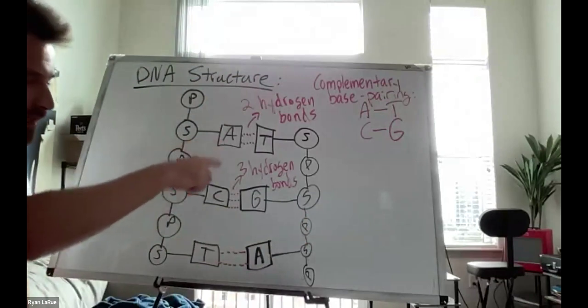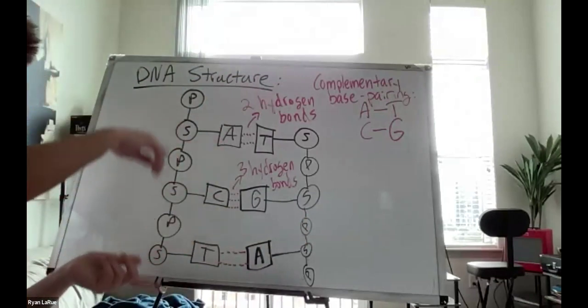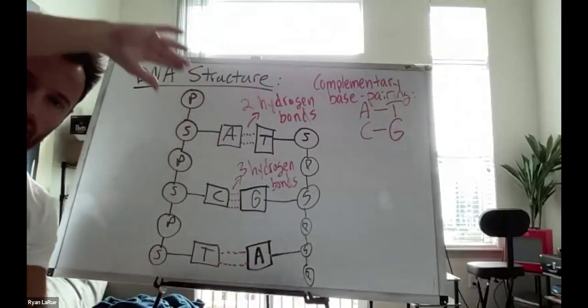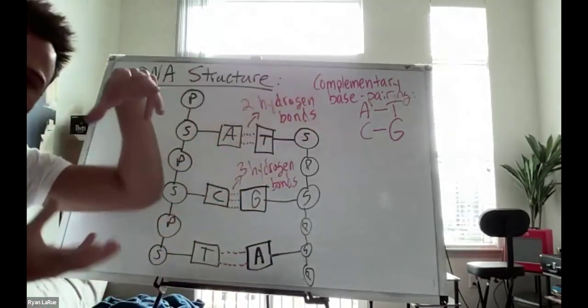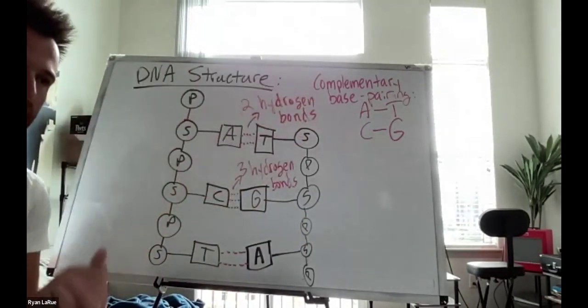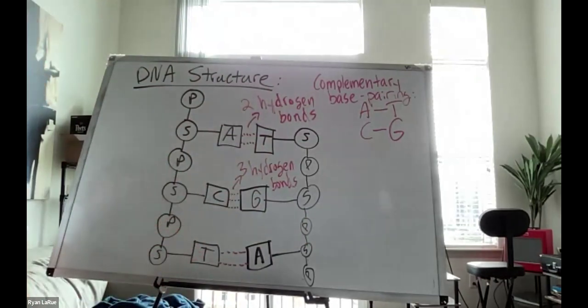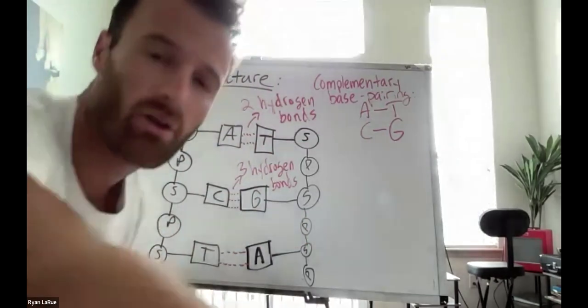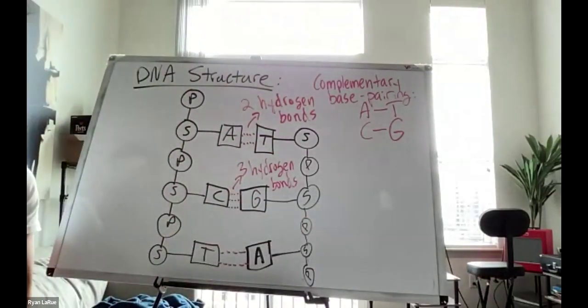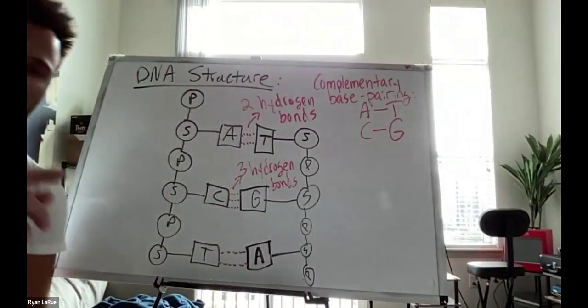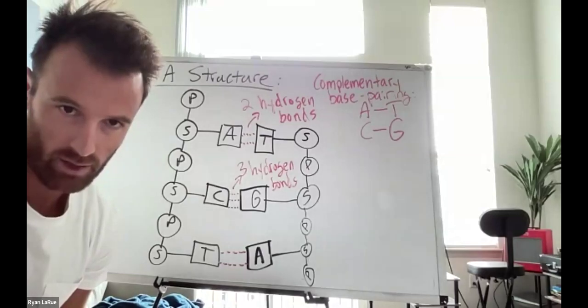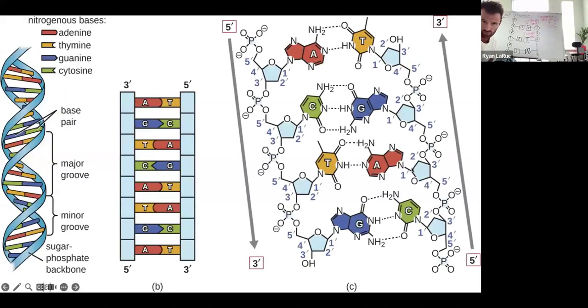Of course, it has different bases, but the sugar phosphates, all the atoms, are flipped. They are kind of the inverse of one another, okay? So how do we represent that? That's what the next slide is for. I really like it because you can see very clearly what I'm talking about on the right side here.